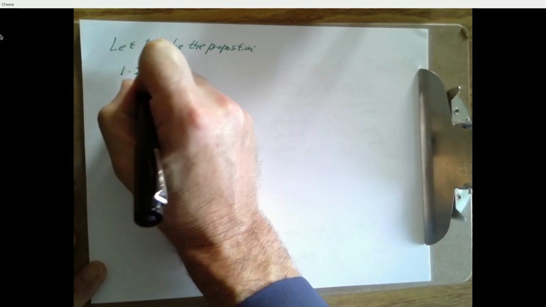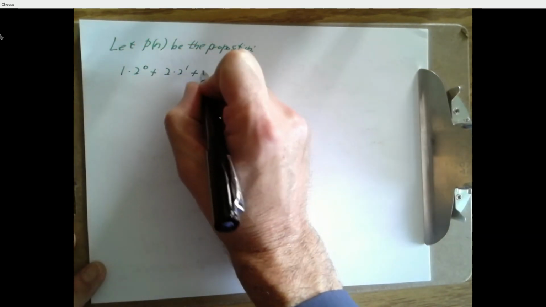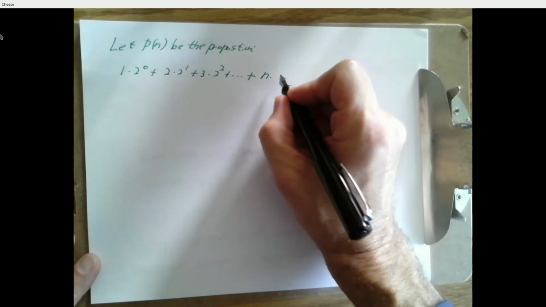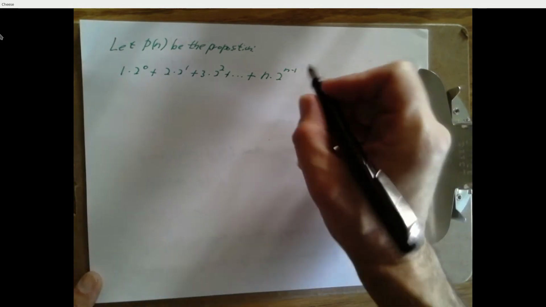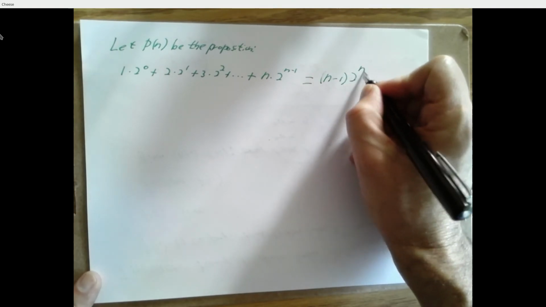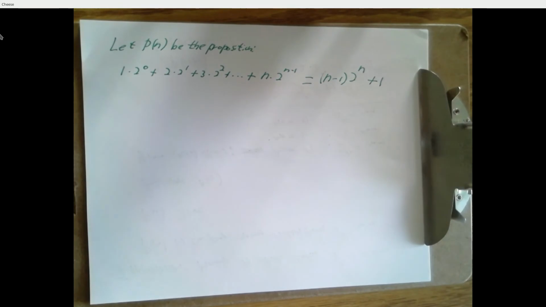So let P of n be the proposition that the sum on the left, increasing integers times increasing powers of 2, equals n minus 1 times 2 to the n plus 1.